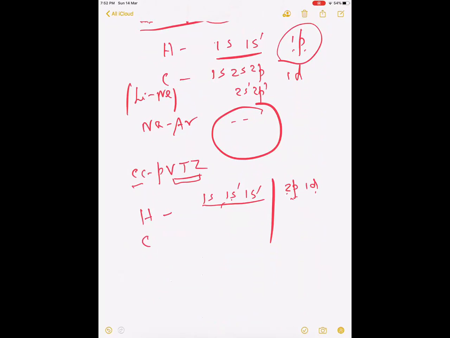So for example, for carbon, which is now 1s, 2s, 2p, 2s prime, 2p prime, 2s double prime, 2p double prime. That's a triple zeta, of course. So this is basically 4s functions and 3p functions. But now I have 2d functions exactly in the same manner, and 1f function.